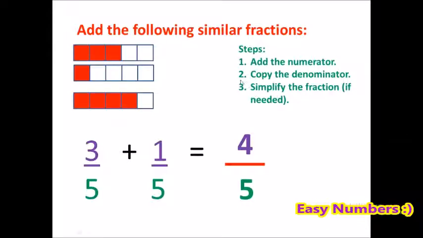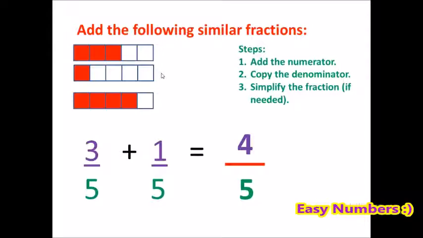So we have here an image which is a rectangle that is cut into 5 equal parts and 3 parts are shaded, so this is 3/5. Another rectangle which is also cut into 5 equal parts and 1 part is shaded, so this is 1/5.